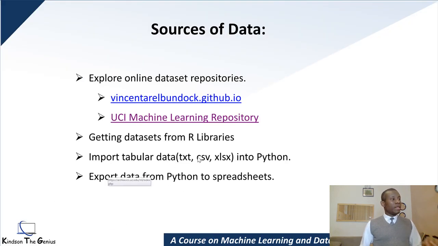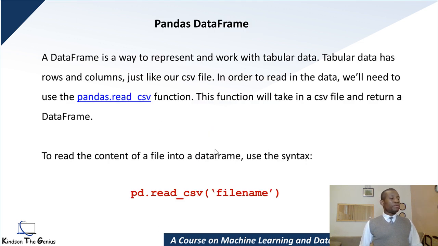Now we have seen how to get free data sets. How do we import this data set into Python and use it? Let's use the Pandas DataFrame. Let's talk a little bit, a few seconds, about it. To be able to work with data in Python, you need Pandas.